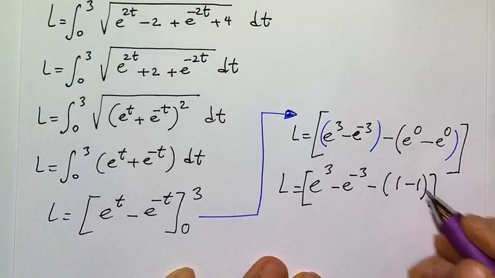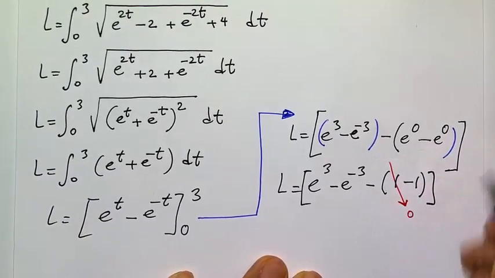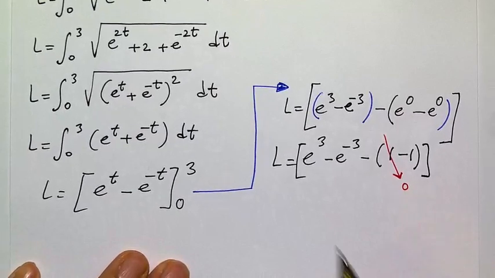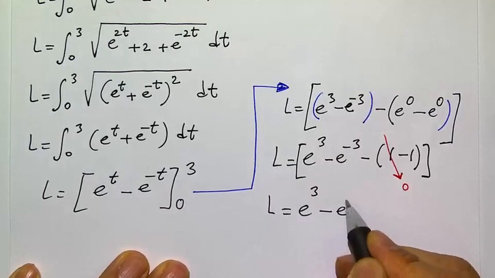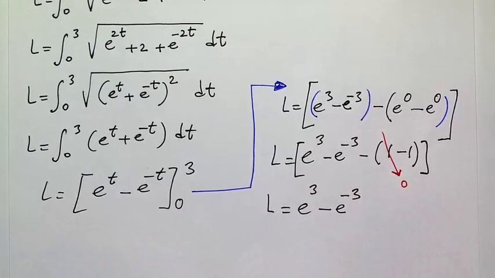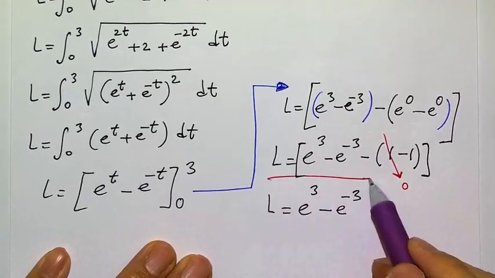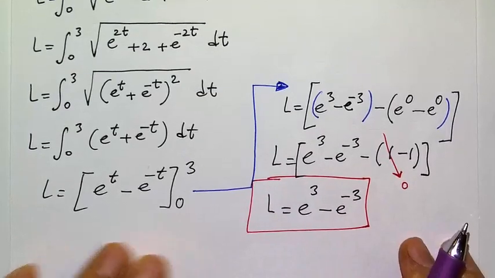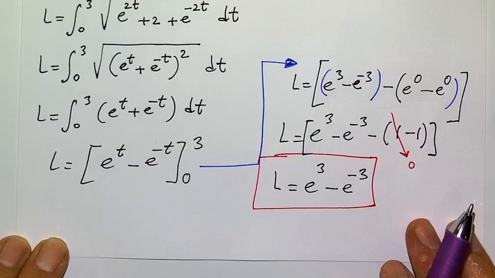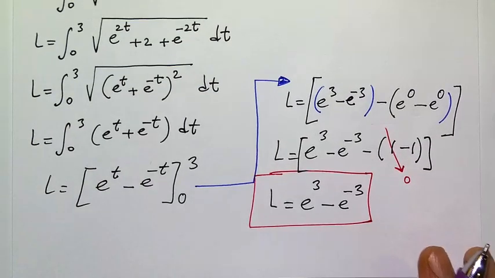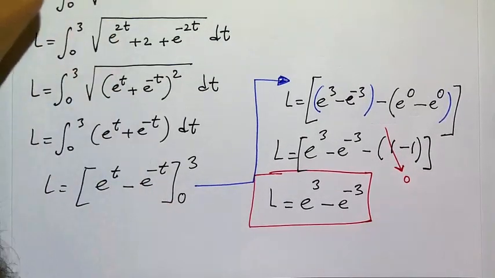This is 0, so we end up with the arc length being equal to e cubed minus e to the minus 3 power. Like that. Okay. Let us do another example.